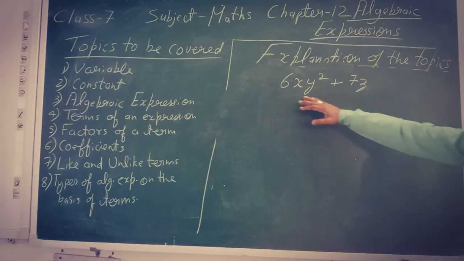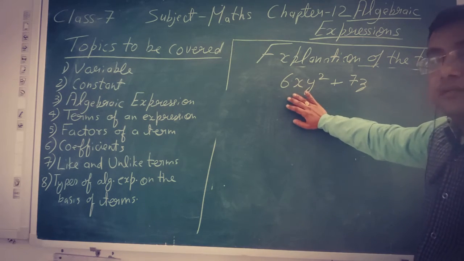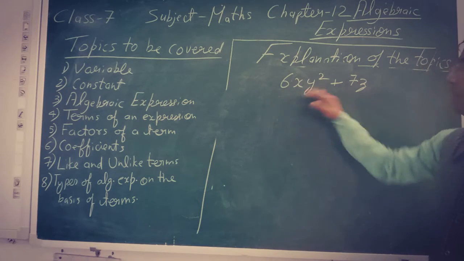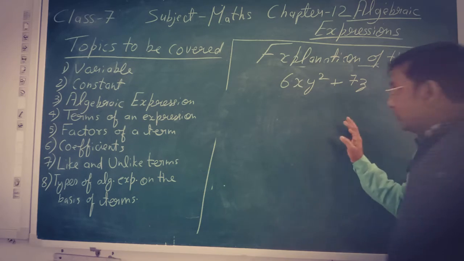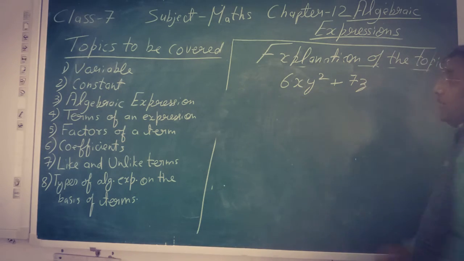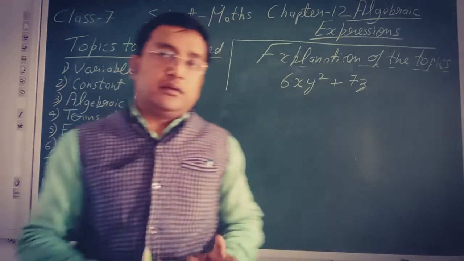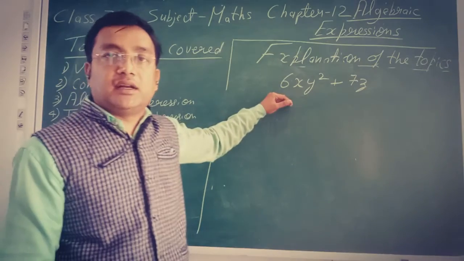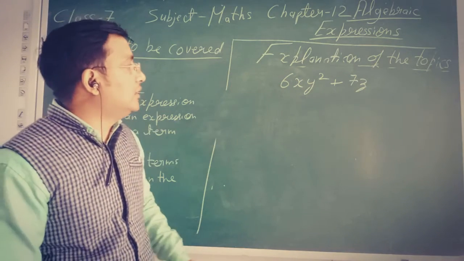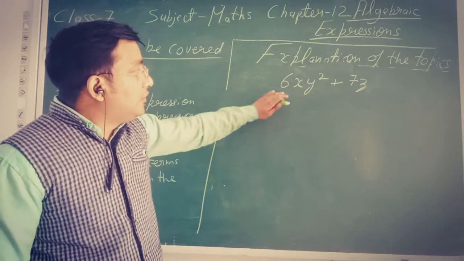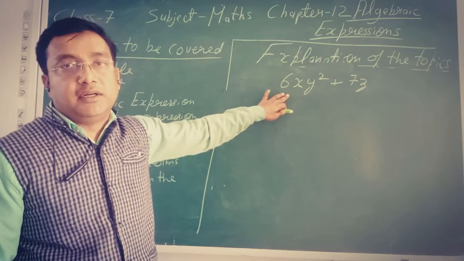Now I have to find out the factors of each term of this algebraic expression. First of all, I'll tell you one method which is called the tree method. That is the best method to find the factors, and you will be able to understand very quickly also. First of all, I have to identify the terms.